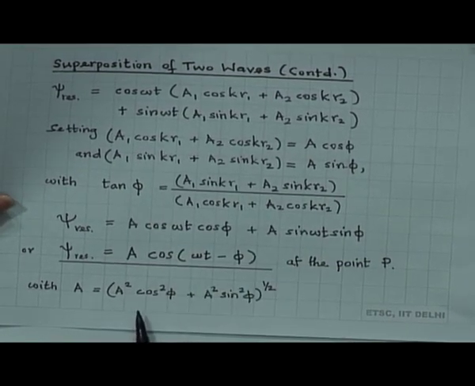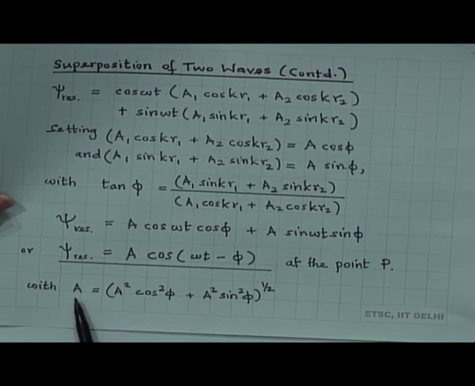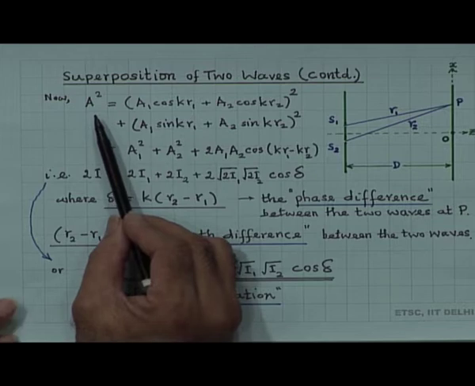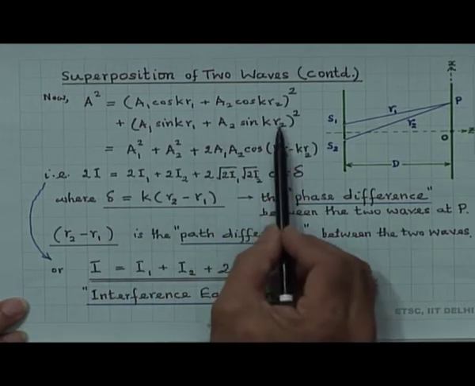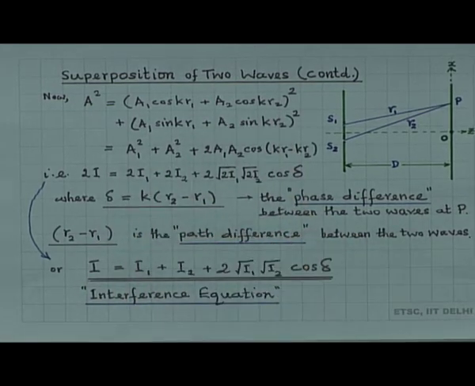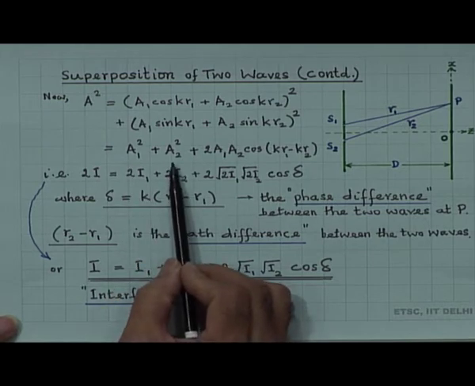Recall the expression we had written here. So, now we are using this to determine A. A square is equal to the square of this plus the square of this.